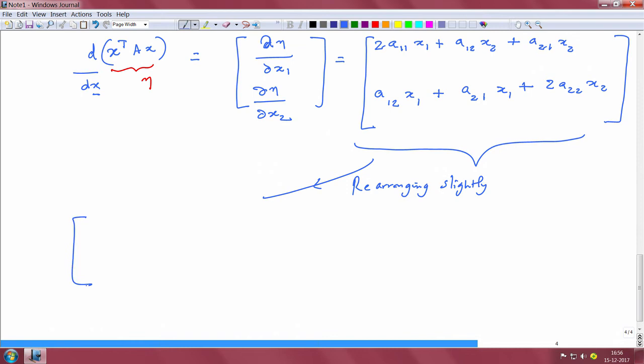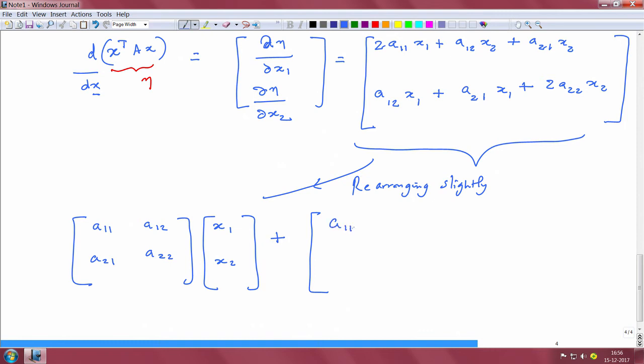Right, we will land up as follows. We have A11, A12, A21, A22. You can just verify this, that it is going to be of this form. So you have to have 2 times A11 that has to appear, and you have one term here and you have another term here, right.